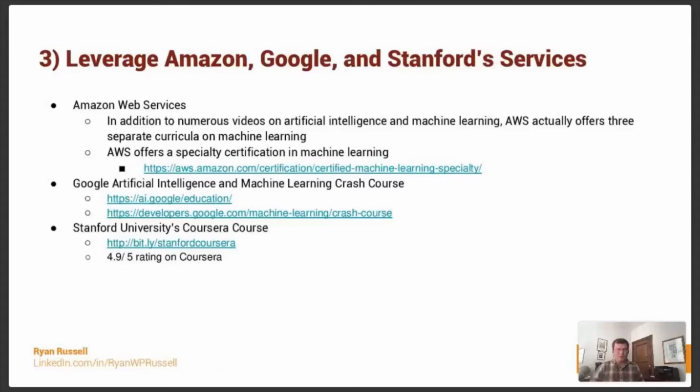Next, as I shared earlier, Google has implemented a lot of artificial intelligence and machine learning capabilities. Their AI educational courses are very strong, a lot of great curriculum. One of the ones that I'm most passionate about that Google does is their crash course in machine learning, though. This is a machine learning course that can be consumed incredibly quickly, and so it can be easily implemented for college students.